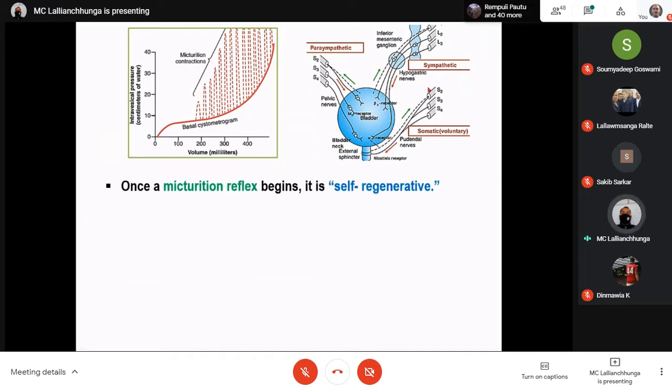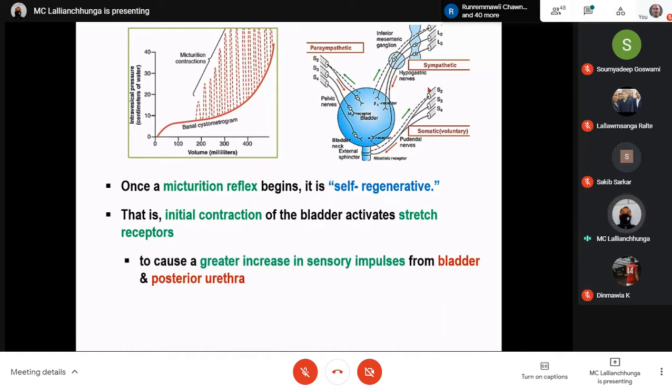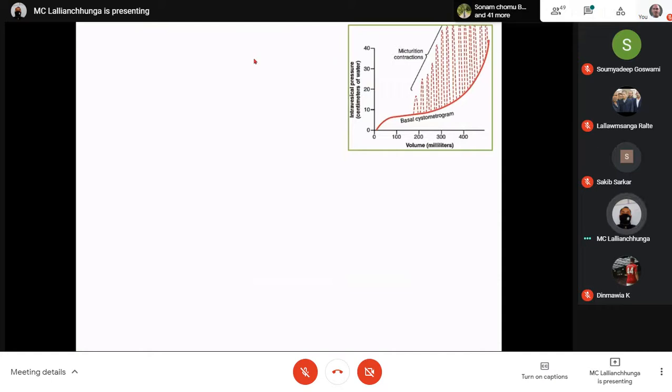Once a micturition reflex begins, it is self-regenerative. That is, the initial contraction of the bladder activates the stretch receptors, to cause a greater increase in sensory impulses from the bladder and posterior urethra. Okay, there will be an increase in micturition contraction, which causes a further increase in reflex contraction of the bladder. So the meaning of this is that as the filling of the urinary bladder keeps on increasing, the micturition contraction will keep on increasing in strength.